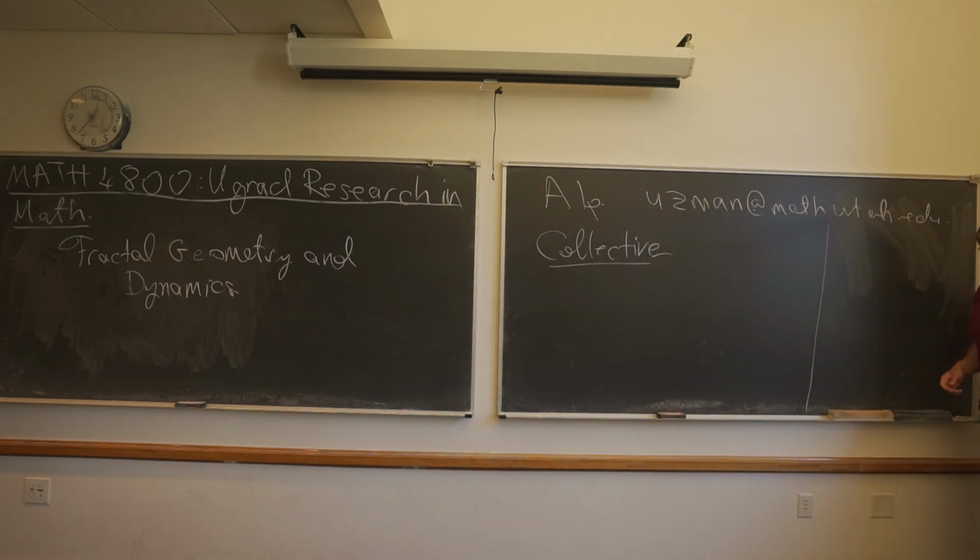How many of you have seen the Cantor set? Okay, a couple of you. So there's this idea, which goes back to Cantor, and it's a certain subset of the real line. What you do is you take a line segment, and then iteratively you keep taking away parts of it.